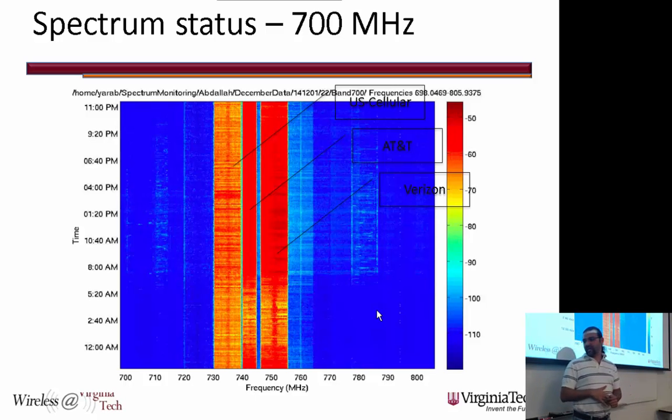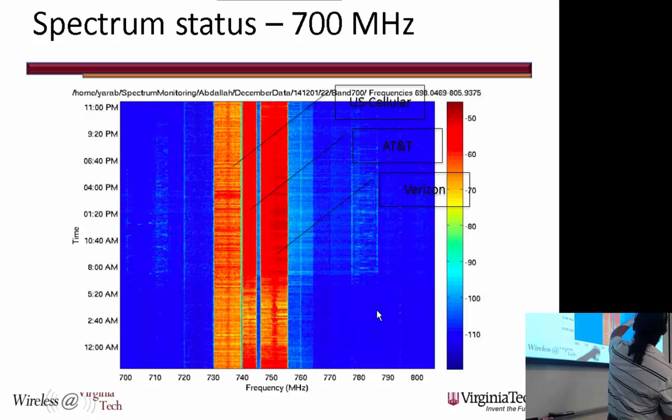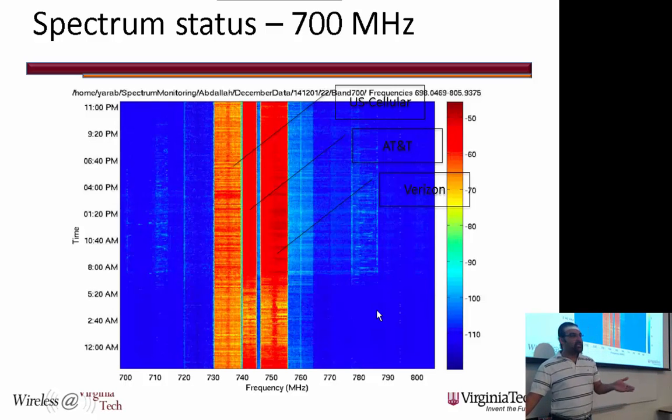And this is mainly the LTE usage for US Cellular, AT&T, and Verizon. On the left side are the uplinks. The one that has the very reddish color, this is the downlinks. And we can see how busy this band obviously is in the region here.